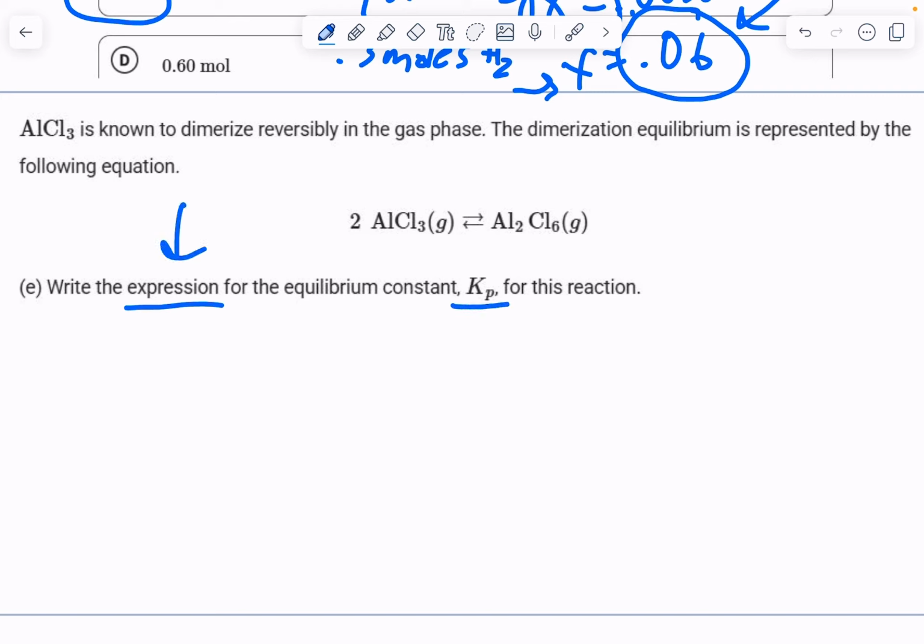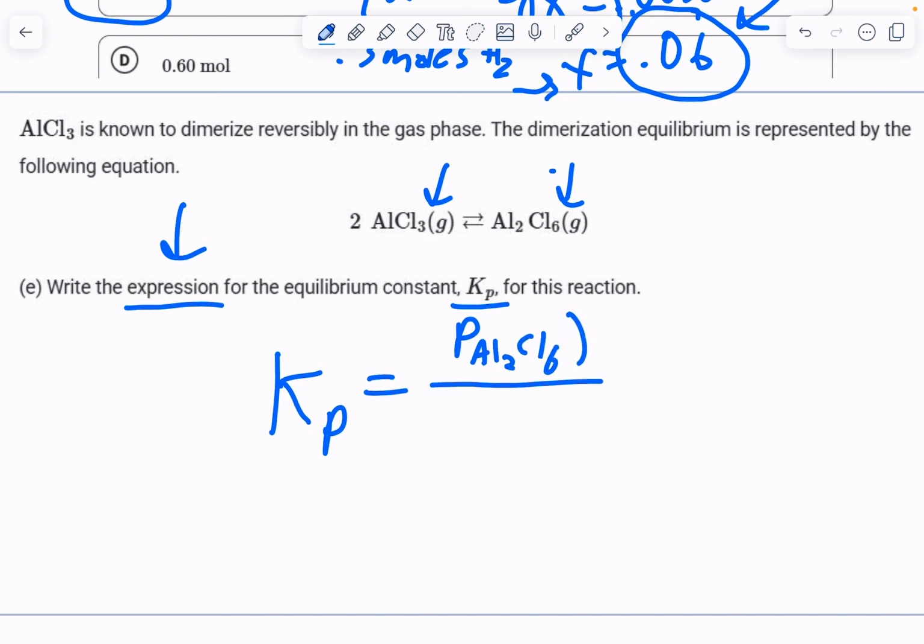Okay, if it says we want the expression, this is how you want it to look. You write Kp, and we're dealing with gases here, so that's why we're using Kp. That's going to be the products, so the pressure of Al2Cl6, over the pressure of AlCl3, and that has to be squared because there's a 2 right here.